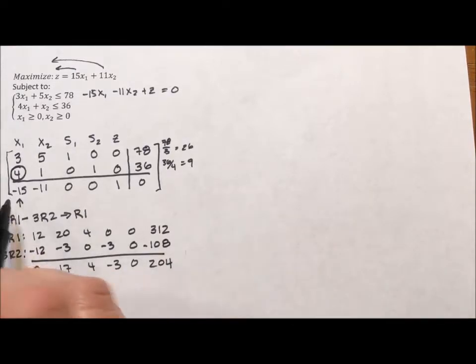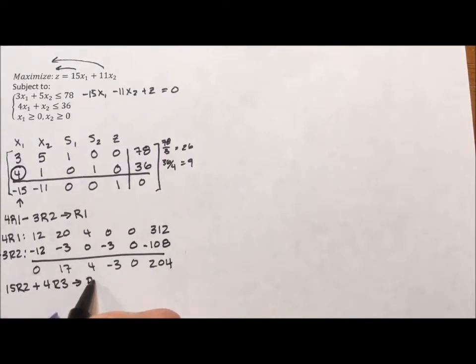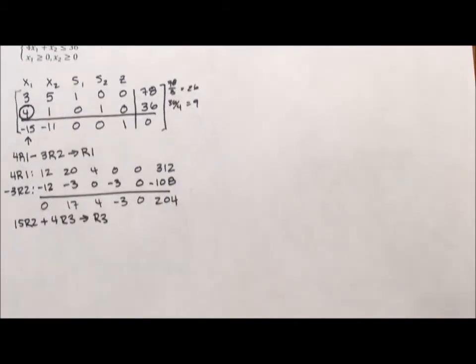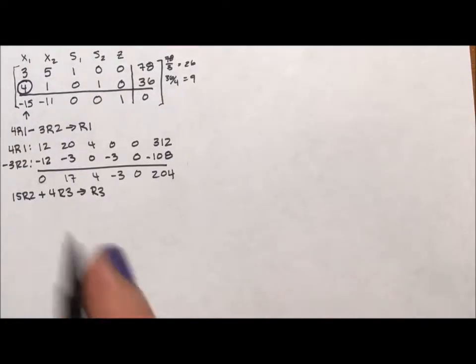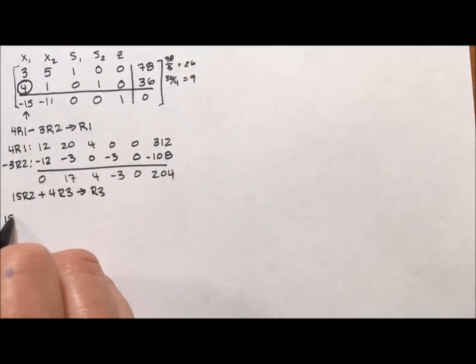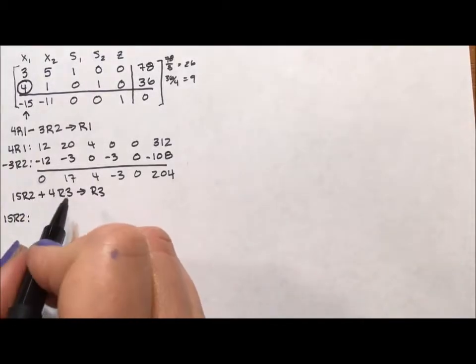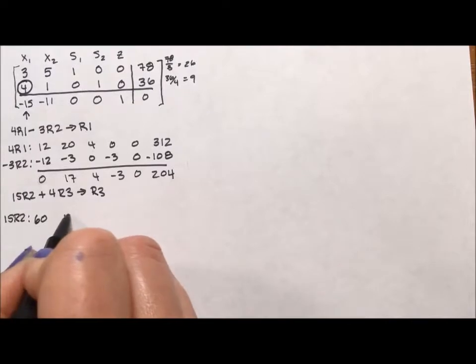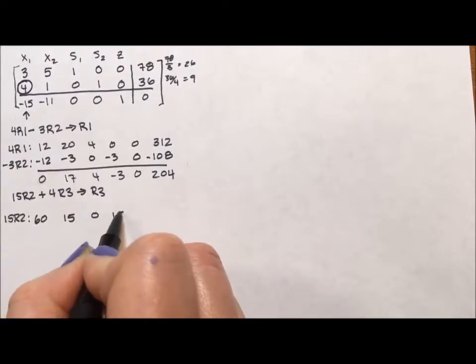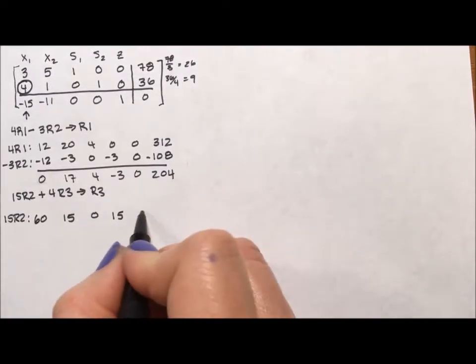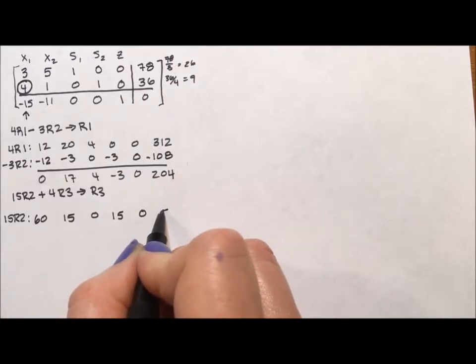Okay, now to get rid of the 15 using that 4, I'm going to do 15 row 2 plus 4 row 3 and replace that into row 3. So to do this, 15 row 2 is going to be 60, 15, 0, 15, 0, 540.